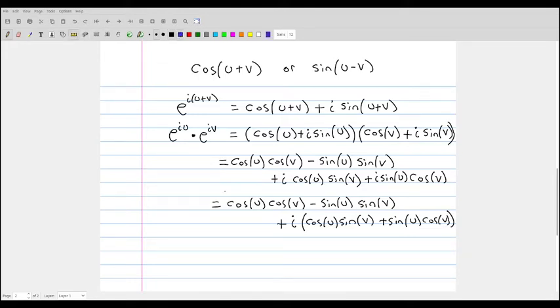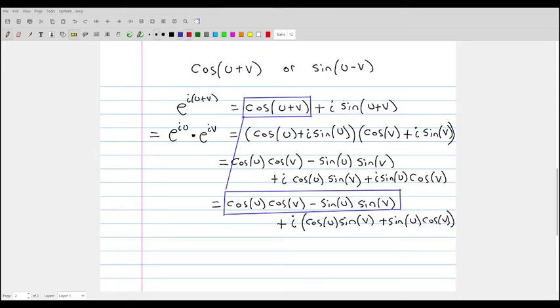And we see here that we actually just derived two new trigonometric identities. Because in order for these two things to be equal, which they have to be from our algebra of complex numbers, both their real and imaginary parts have to be equal to one another. We've shown that cosine of u plus v is the same thing as cosine of u cosine of v minus sine of u times sine of v.